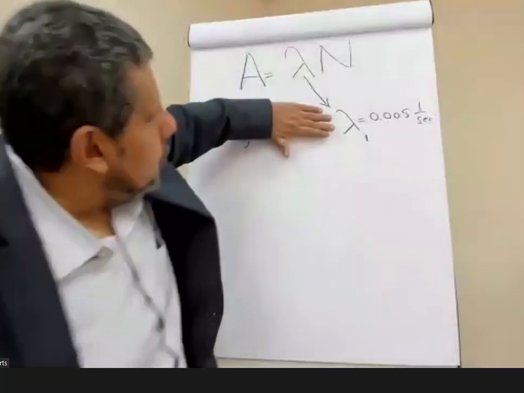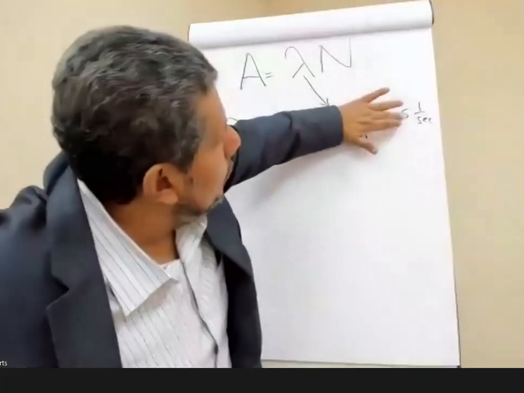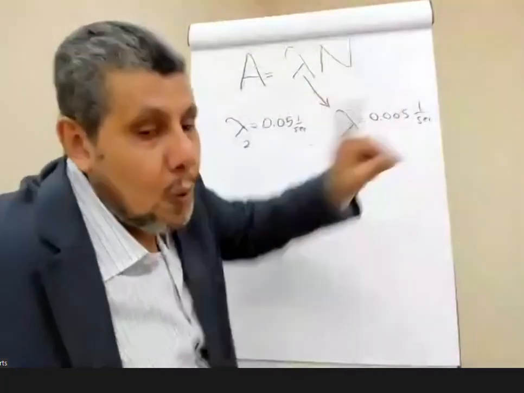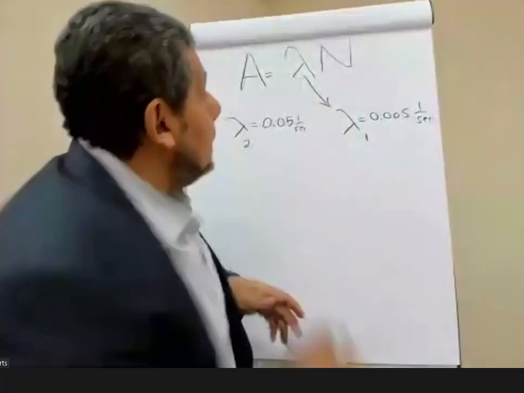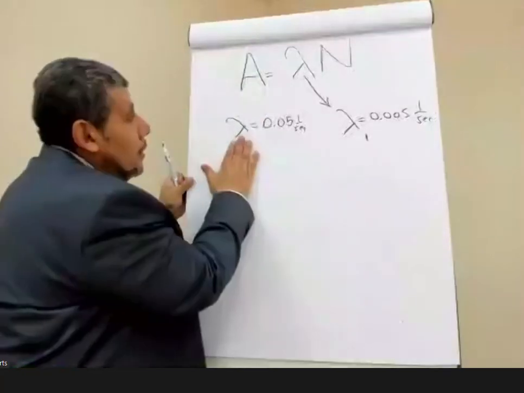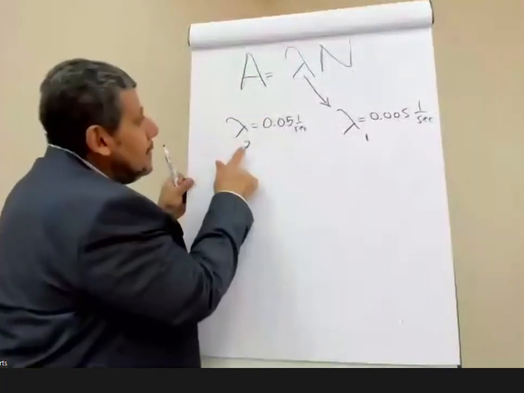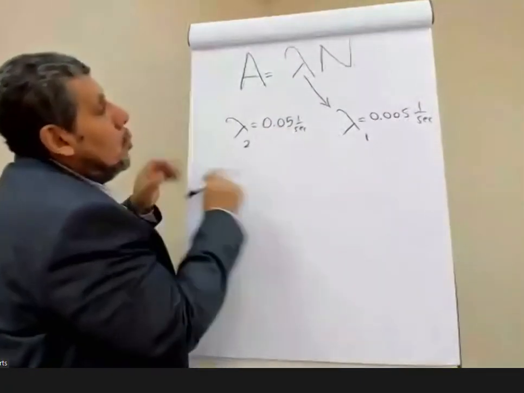So I have two radioactive sources. The first one with a lambda equal 0.005. This is the probability that one nucleus decays each second. And a second, different radioactive source has this decay constant, 0.05.